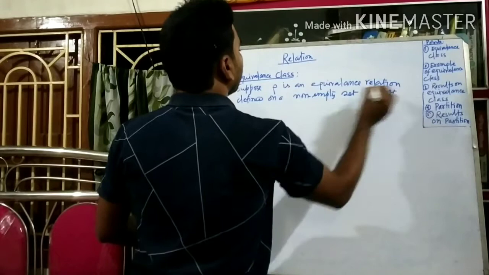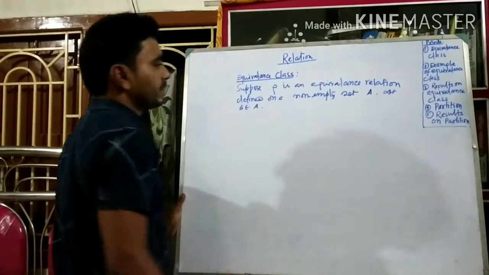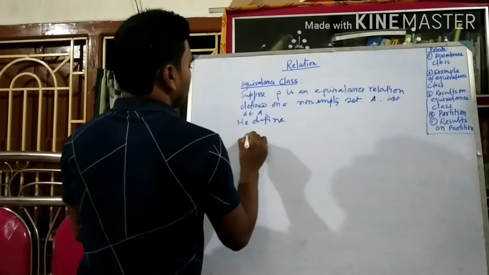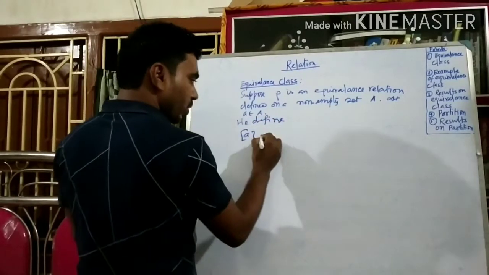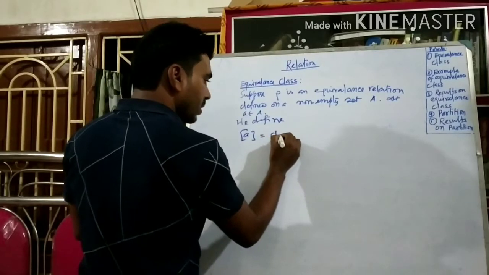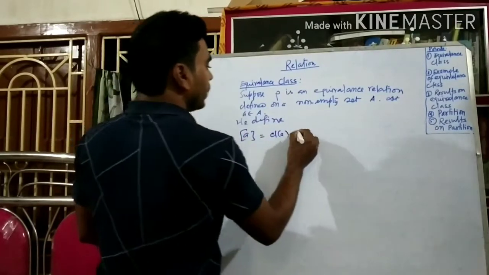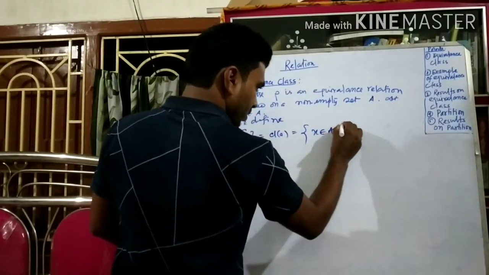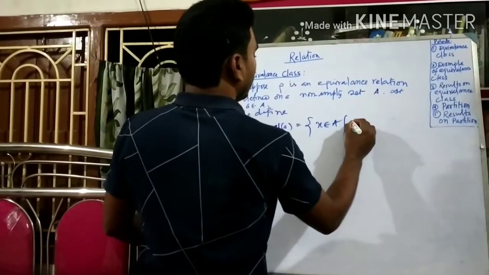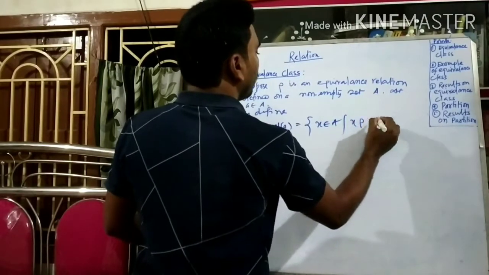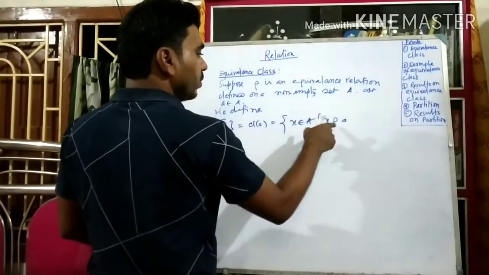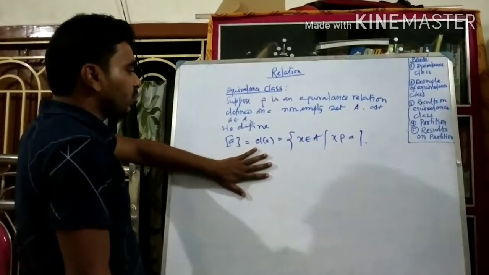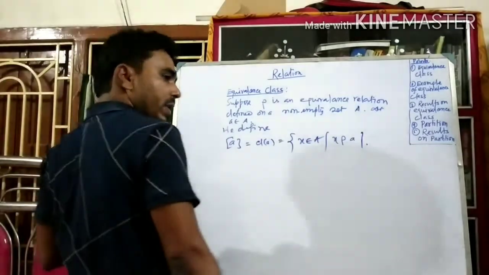Let a belongs to A. We define box A. It can also be denoted by class of a. It is nothing but a subset of A such that X is related to all those elements of A which are rho related to a. And this set is called equivalence class of a.